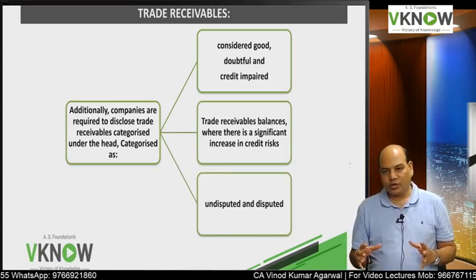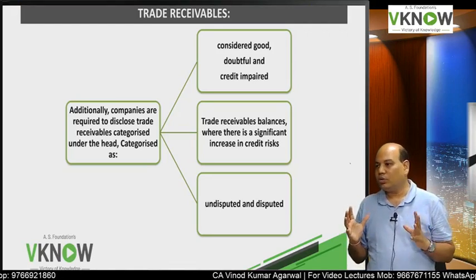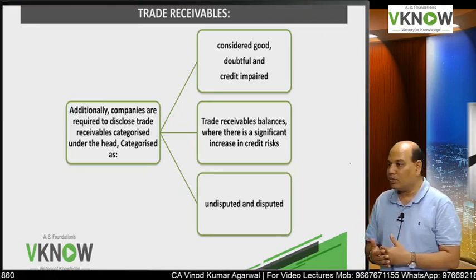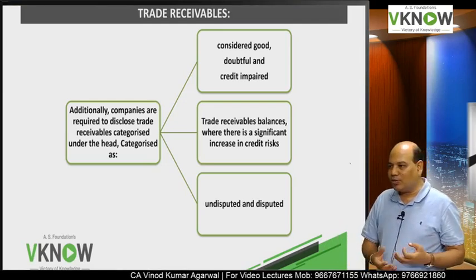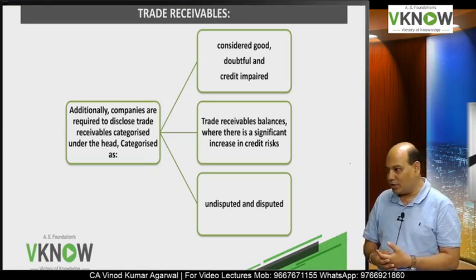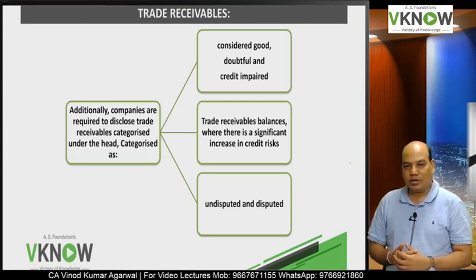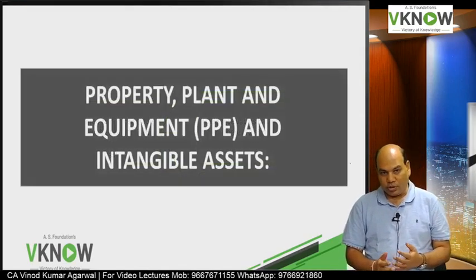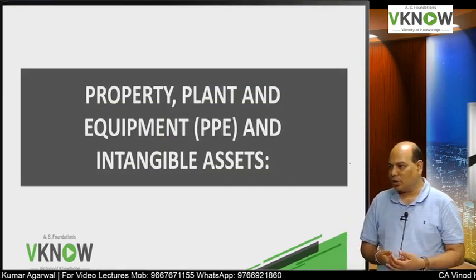So there is a lot of emphasis on debtors, because companies carry a huge amount in the balance sheet in the form of debtors, and earlier this breakup was not available. Based on that, they were taking working capital loans, cash credit, bank OD. Now the bank will also get to know the breakup of the debtors, and accordingly their lending policies can change. Very important, because a lot of frauds, scams and delays happen and public money gets blocked.